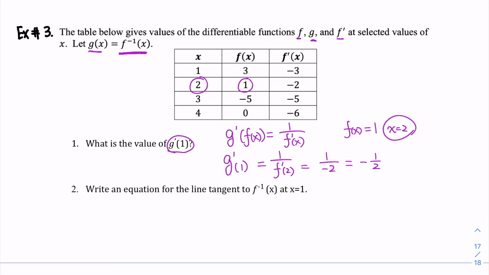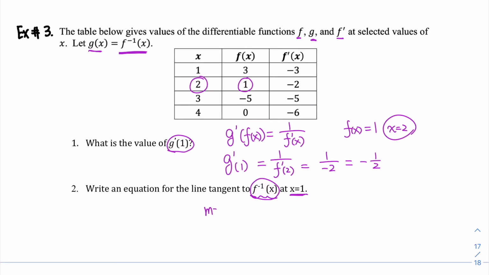Now write an equation for the tangent line for the inverse function at x equals 1. So let's have a look. When we want to find the equation of a tangent line, first we need the slope. So the slope will be g prime at 1, which gives us negative 1 over 2. We just solved that from part 1. Now we need a point. So at x equals 1, g of 1, which is f inverse of 1, equals what?